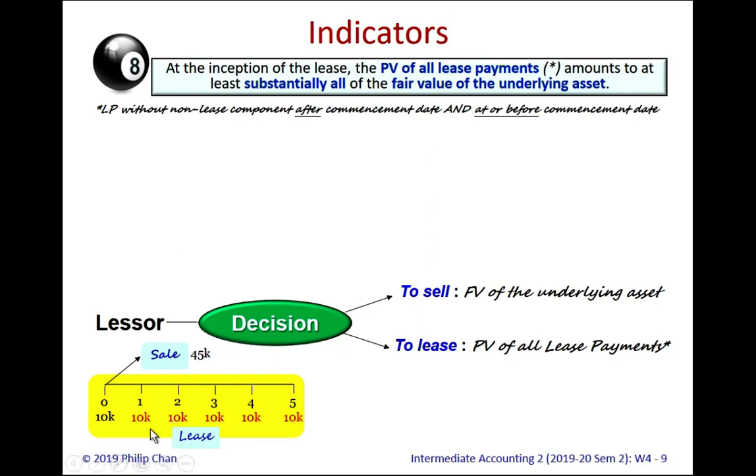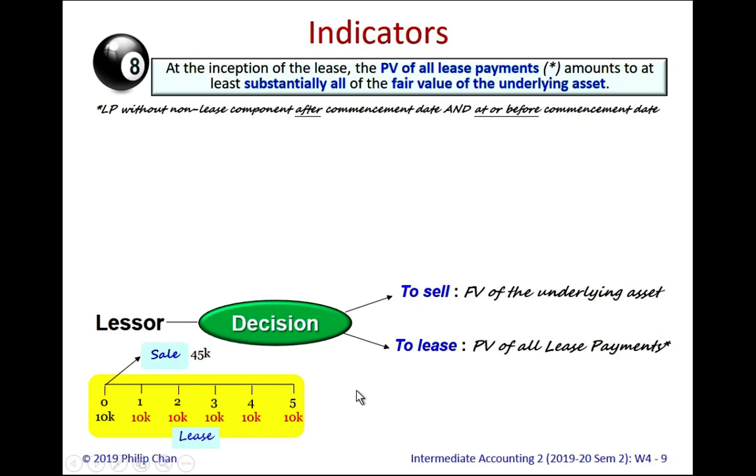So let's look at the timeline at the bottom of this page. Let's assume the asset can be sold at T0 at fair value at that date, 45K. But if you lease it to a lessee, the lessee will have to pay you 10K first, together with another 10K each year over the 5 years. Then what are you supposed to do?